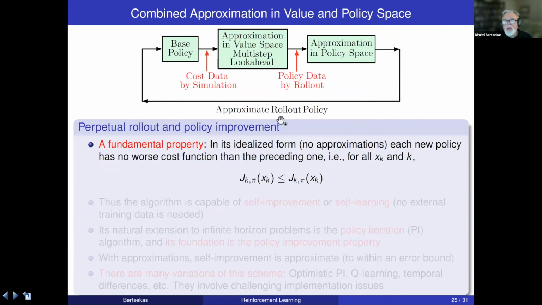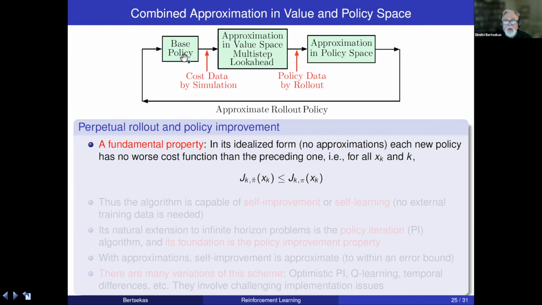We have seen this figure before in the context of approximate policy iteration. We have a base policy. We simulate it, and we approximate it by doing a least squares fit, and then we obtain data using that policy, and then we use approximation in policy space.